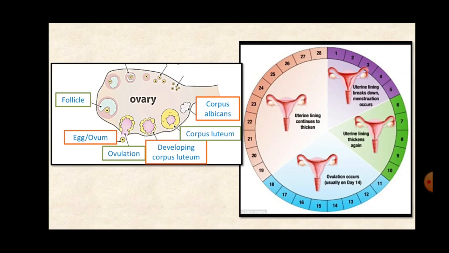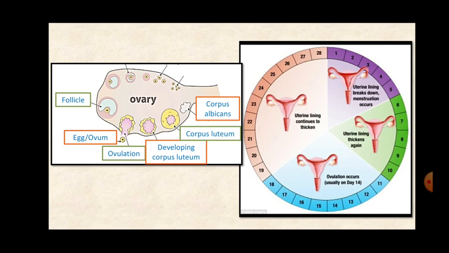This corpus luteum secretes progesterone, which results in the secretion of the endometrial glands. Under the effect of progesterone, the endometrium gets ready for the implantation of the embryo. Next you can see the corpus luteum is fully developed.